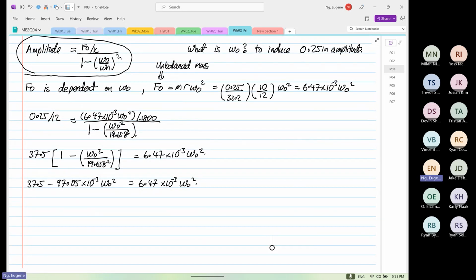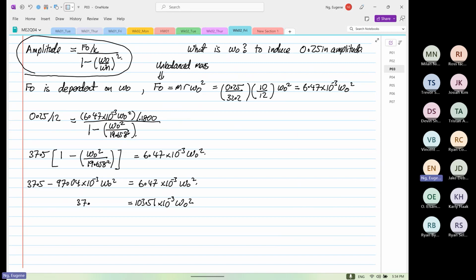37.5 divided by 19.658 squared is equal to 0.4. So from here, we get 6.47 times 10 to the power minus 3 plus 97.04 times 10 to the power minus 3, which is equal to 103.51 times 10 to the power minus 3 omega naught squared.